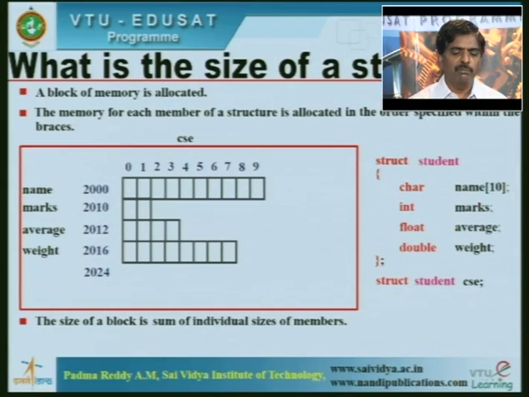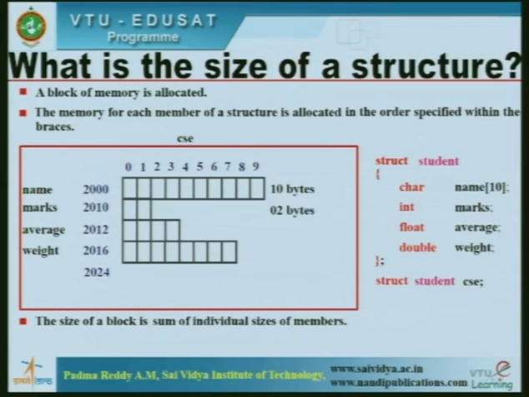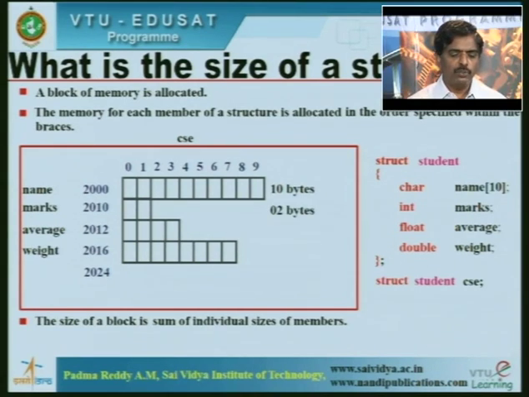And then 2010 and 2011, 2 bytes. And then 2012, 13, 14 and 15, so totally 4 bytes. And then starting from 2016 till 2023, 8 bytes are there. Now if you add all these, we will have totally 24 bytes.